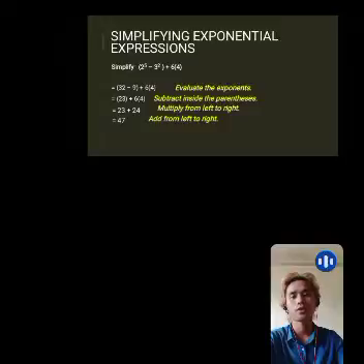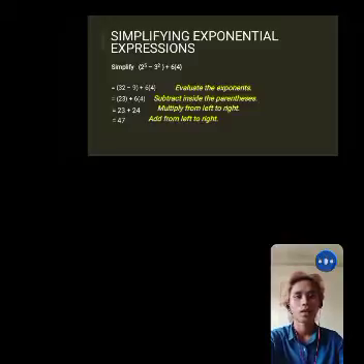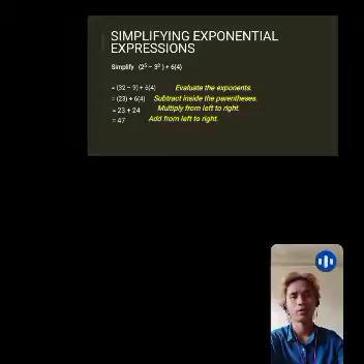For 2 raised to 5, as explained earlier, 2 is multiplied by itself 5 times, so the answer would be 32. Now 3 raised to 2, so 3 is multiplied by itself twice, that would be 9.